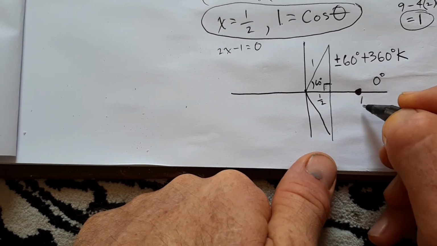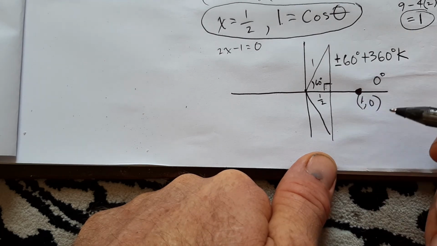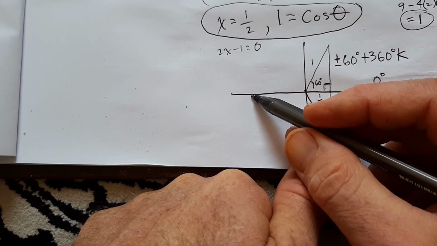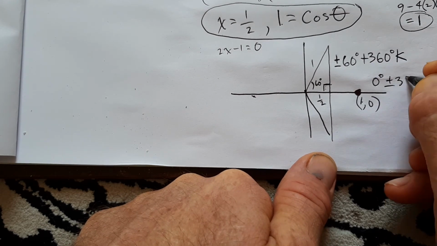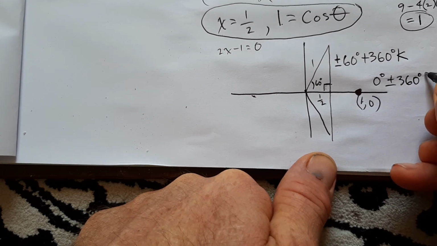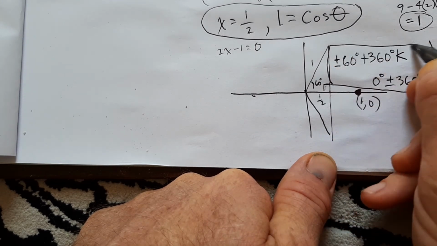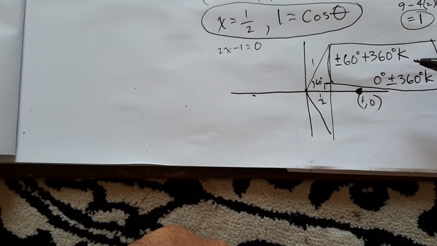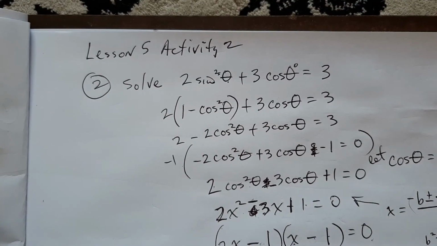See, this is 1, 0, right? X over hypotenuse, 1. Over here it'd be negative, so it can't be over here. So it's going to be 0 plus or minus 360 degrees times k. So both of these are all the angles where this is true.